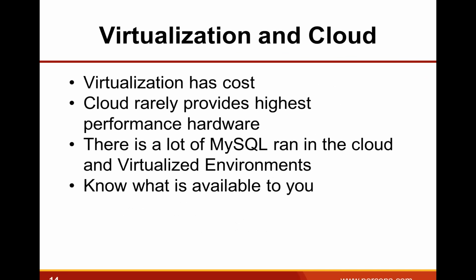For example, ensure we have almost all the data set in memory, and then MySQL on EC2 was working very well. Now the situation has changed, and we have rather high-performance flash storage and provisioned I/O available. That means we can engineer the systems a little bit differently. So know what's available to you.